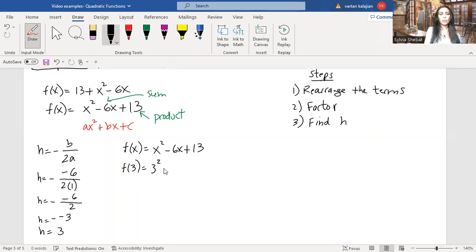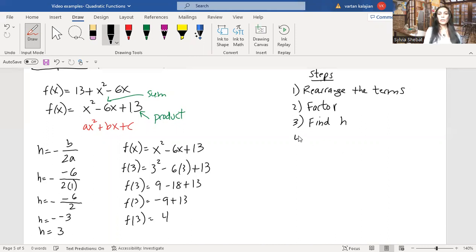So 3 squared minus 6 times 3 plus 13. So f of 3 equals 9 minus 18 plus 13. f of 3 equals negative 9 plus 13. And f of 3 equals 4. So what we did for step 4 was we just found the k.